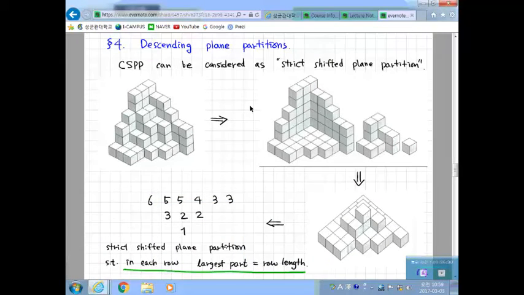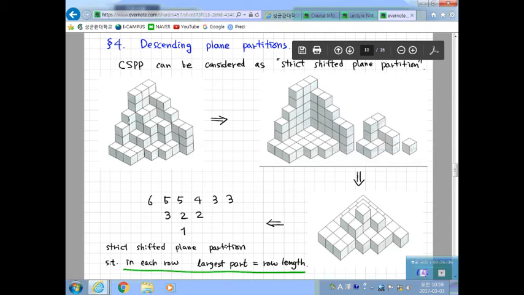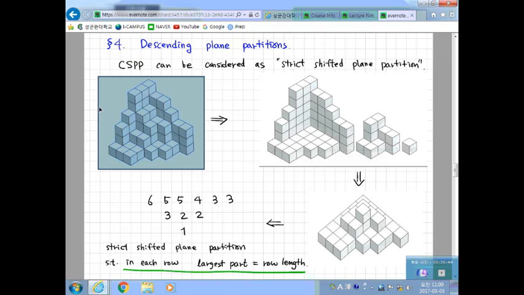Okay, let's review cyclically symmetric plane partition again. Here we have a cyclically symmetric plane partition. Now I'm going to decompose this into what's called shells. The outer shell is like this.